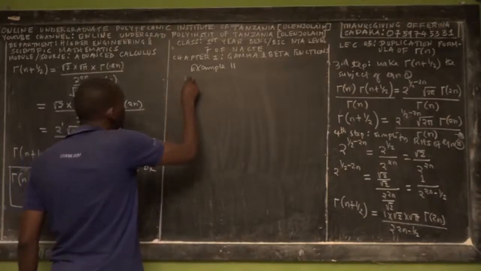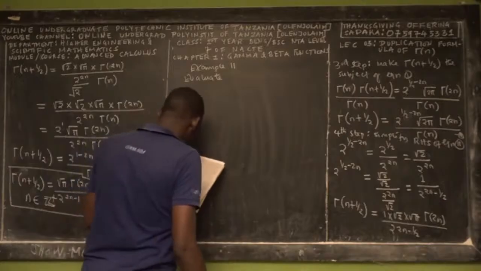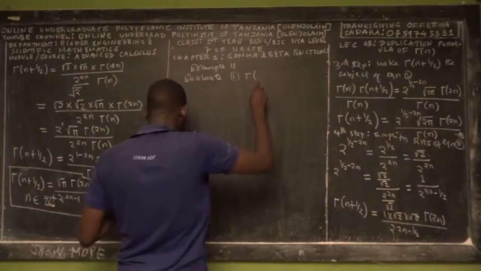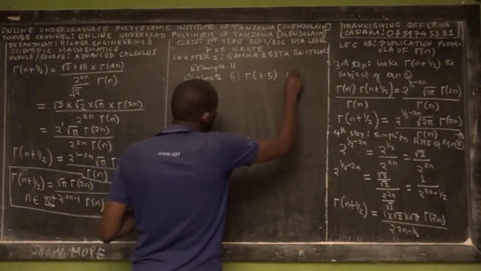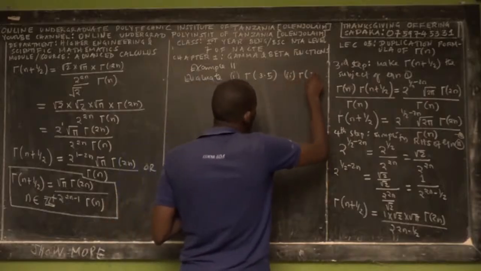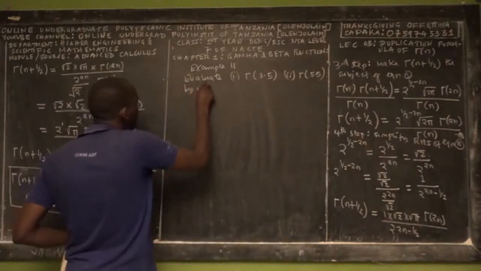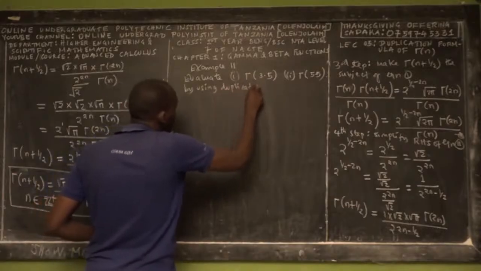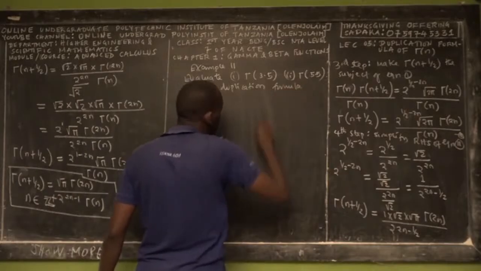Evaluate gamma of 3.5 and gamma of 5.5 by using duplication formula. Then we'll go to the supplementary question.